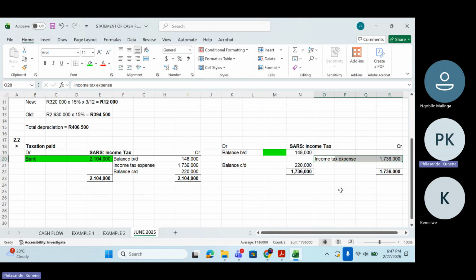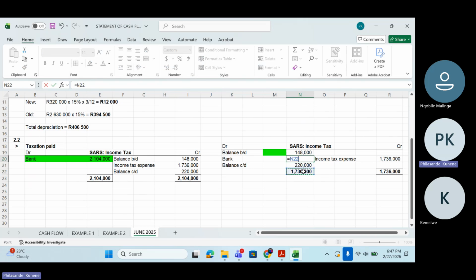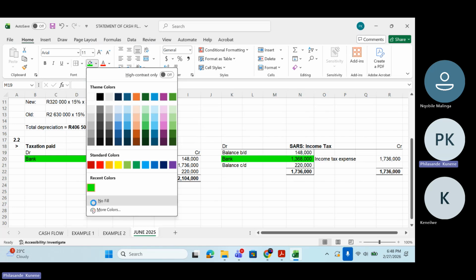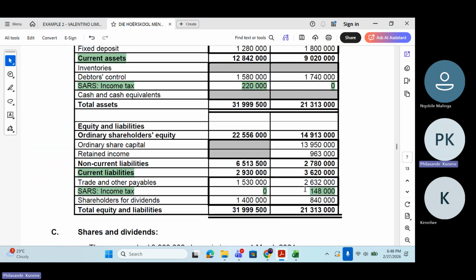And then you end up having bank this side as well. So now which means you're gonna have this and this here, and then here you're gonna say this minus this minus this, and then you're getting a 1,368,000 rands.